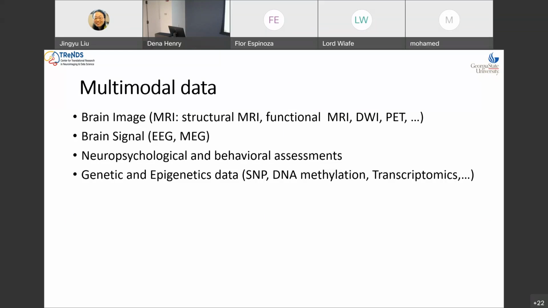I know they currently have EEG projects going on, so hopefully some of the methods introduced here we can use for the EEG. Then there's neuropsychological or neurocognitive assessment, which is common for most of the other projects. The last set is genetic data, from genetics and epigenetics. It may not be very common, but that's particularly of interest to me. I'm more interested in combining genetics and epigenetics with the imaging and the other assessments.